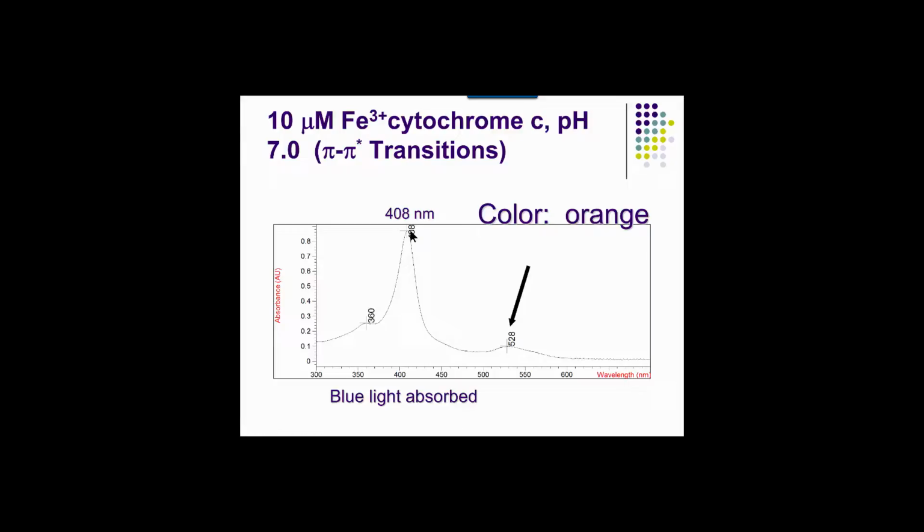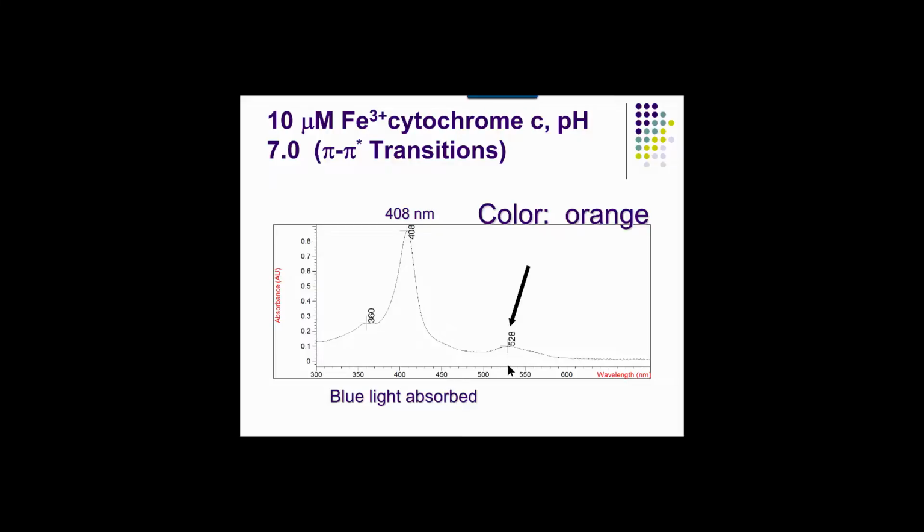It's often referred to as the gamma band or the Soret band, after the individual historically who discovered this important distinctive optical transition for heme systems. And then there's a pair of overlapping bands with relatively weak intensity centered around 528.